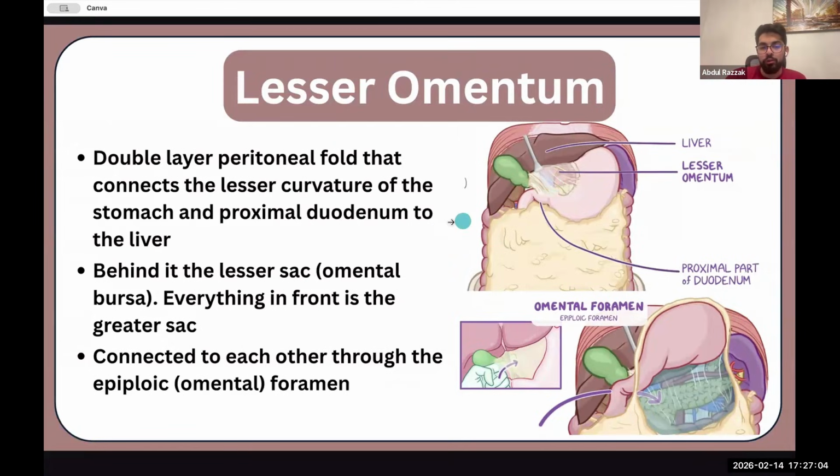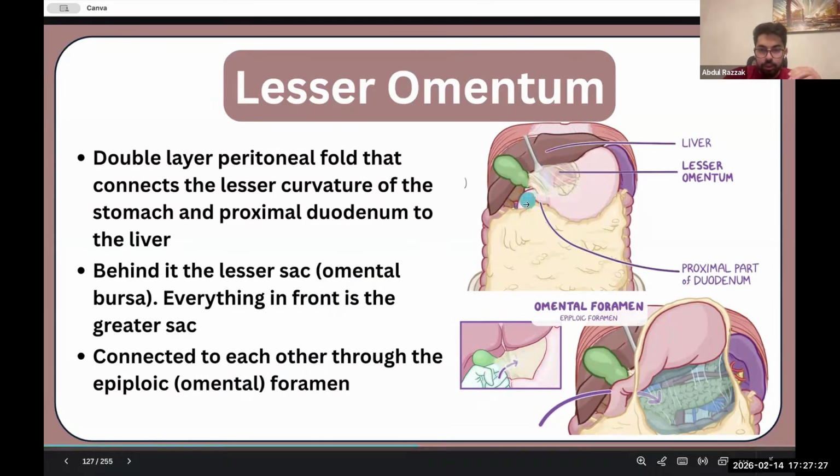Everything in front, the place where we're looking from, is called the greater sac. These two sacs are connected to each other by this little tunnel, or foramen, which is called the epiploic foramen. You can access the lesser sac by going through the epiploic foramen.